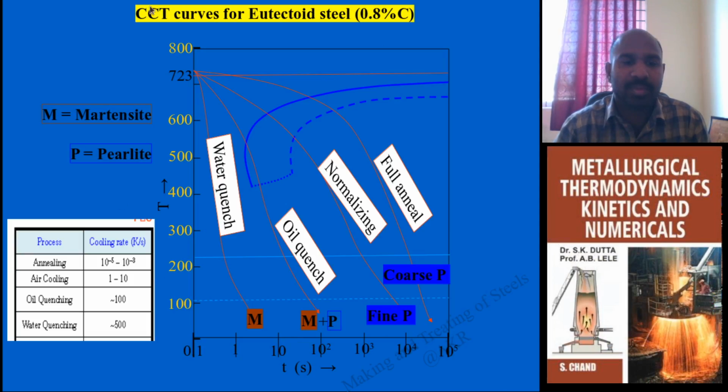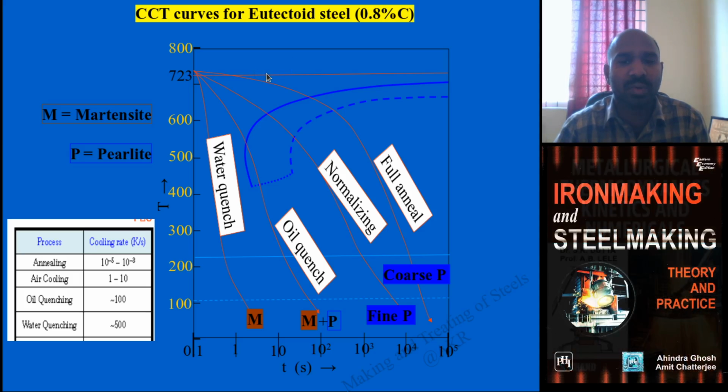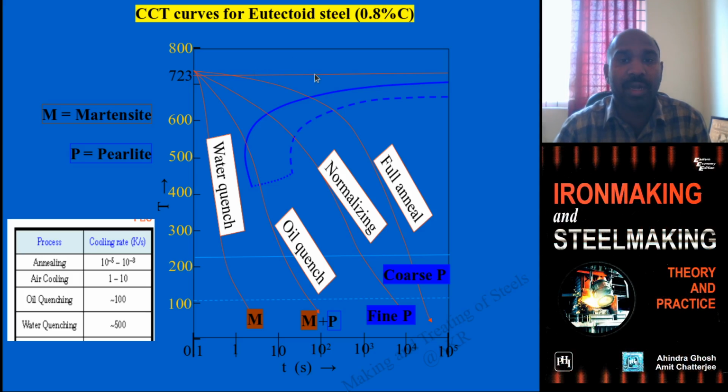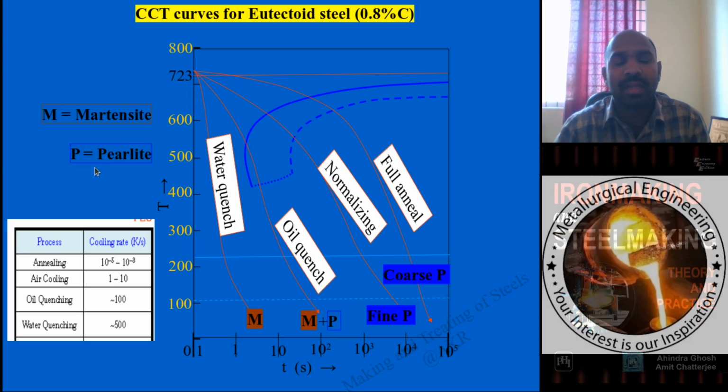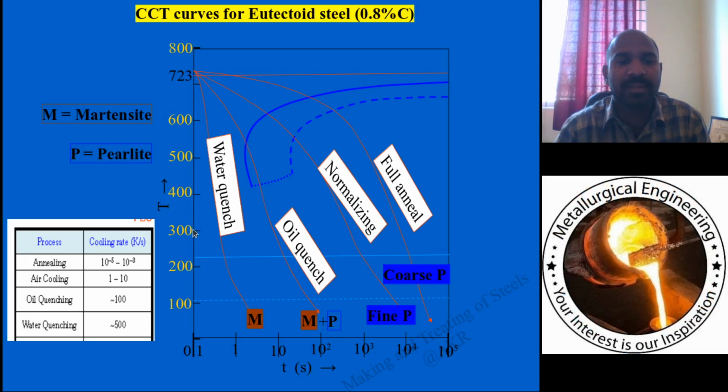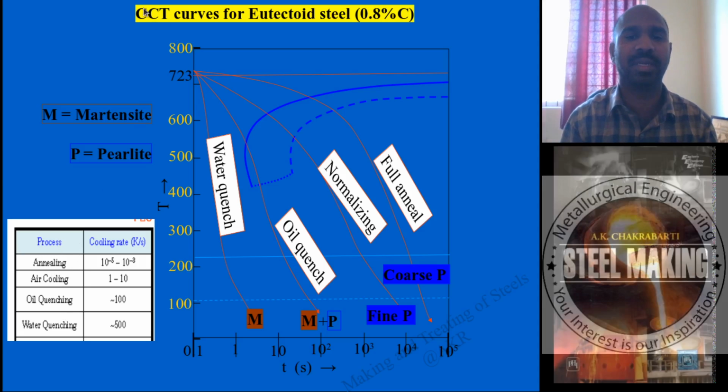This is one of the examples of continuous cooling transformation curves for eutectoid steel. This is the eutectoid temperature, 723. M stands for martensite, P stands for pearlite. These are the various temperatures in degrees Celsius. These are the variety of cooling processes.